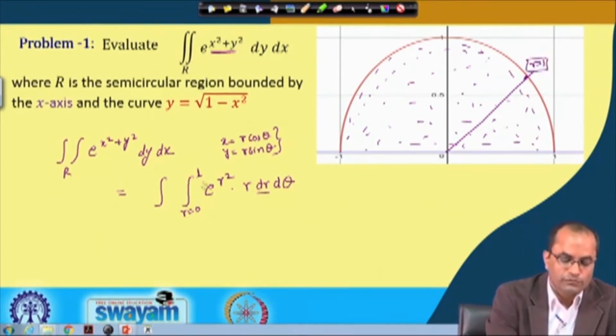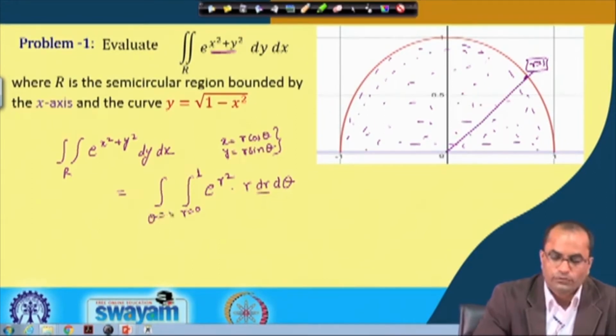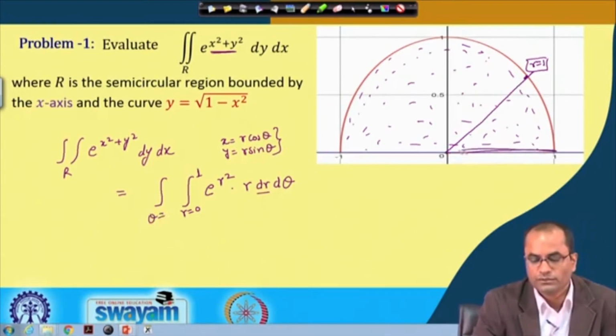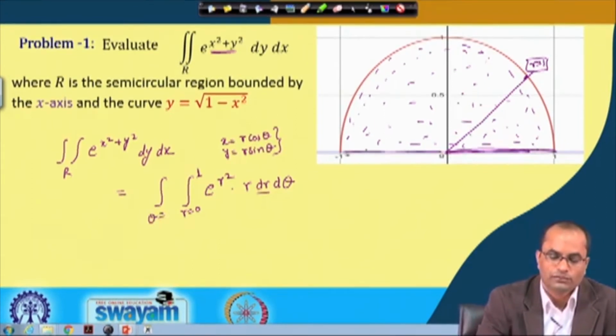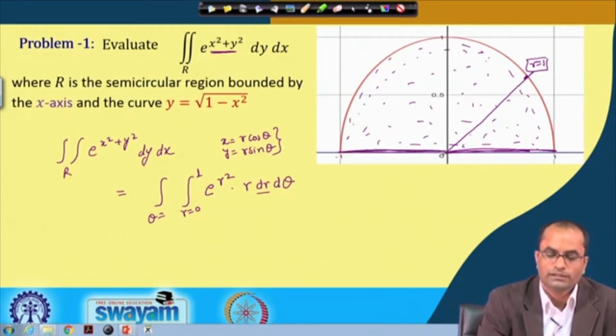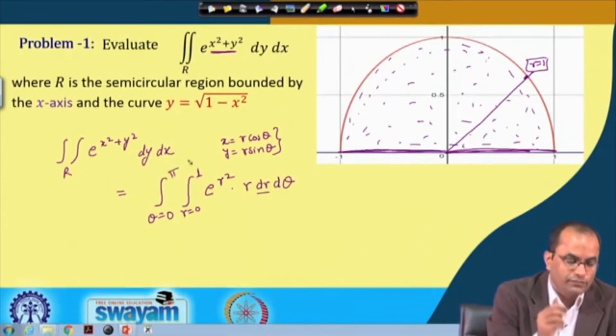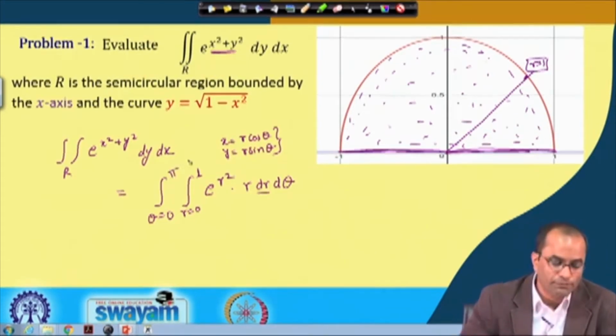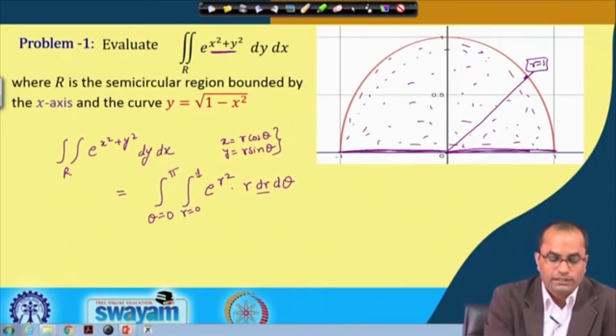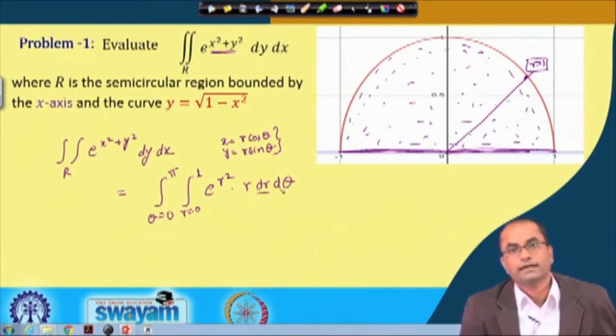So, r is moving from 0 to 1 and theta is going from, this is theta is equal to 0 and then we will reach this part here by theta is equal to pi. So, theta from 0 to pi and r is 0 to 1, e power r square, r dr d theta.